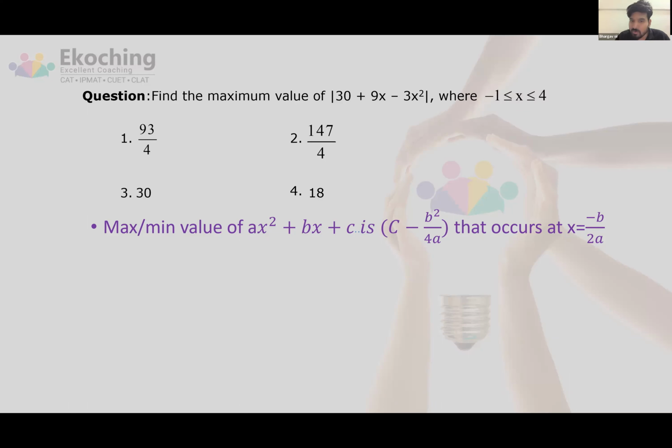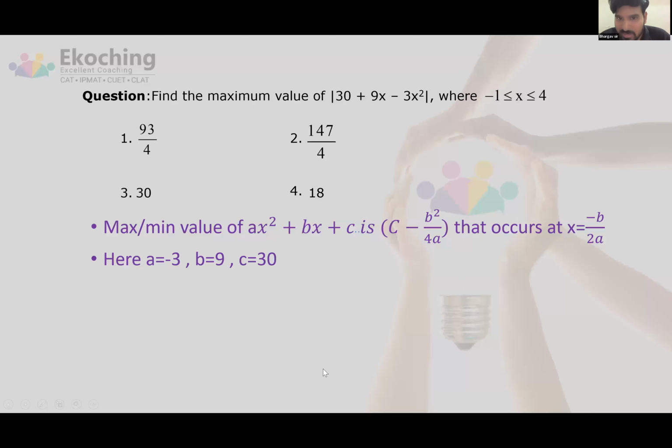It occurs at x equal to minus b by 2a. Whether you remember x equal to minus b by 2a or c minus b square by 4a, anything is fine. If you remember x equal to minus b by 2a, you substitute it in the expression and then you get the answer. Or if you remember c minus b square by 4a, you get the answer directly from it.